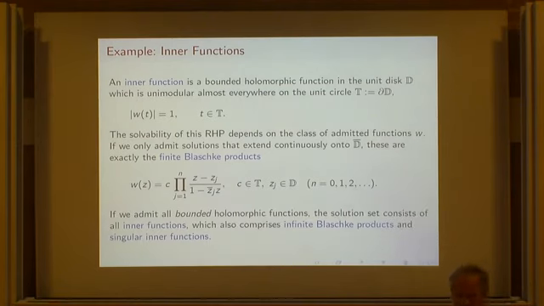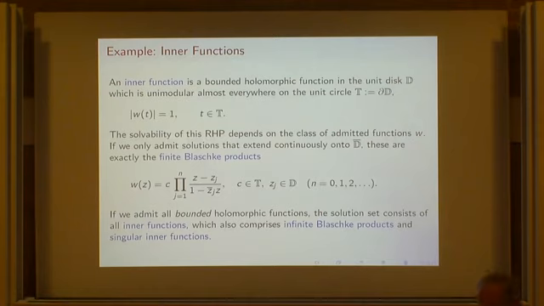Now, we can enlarge the class of admitted solutions, which changes things dramatically. If we are looking for bounded holomorphic functions, this is, in a sense, the most natural class for this type of boundary value problems, then the solution set consists of all inner functions. The inner functions are just characterized by this property. And the inner functions comprise infinite Blaschke products and also so-called singular inner functions.